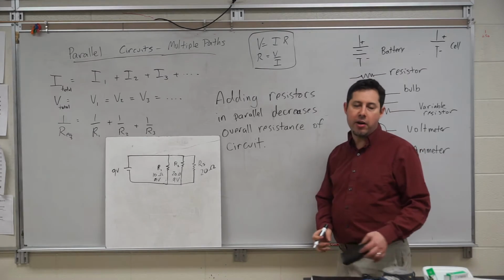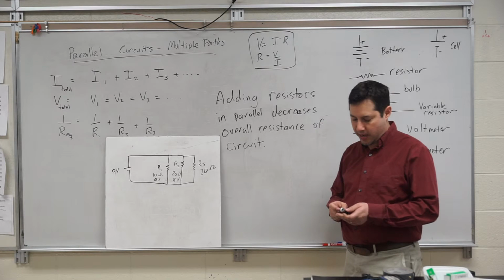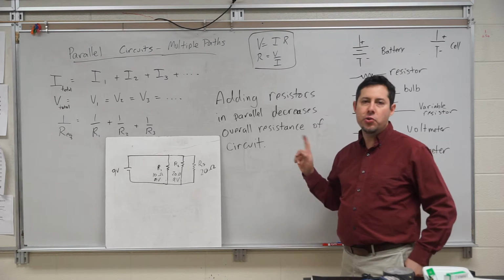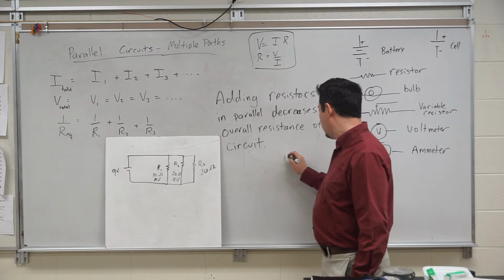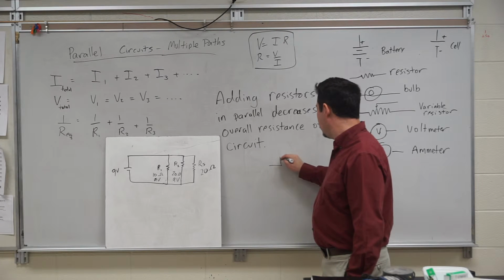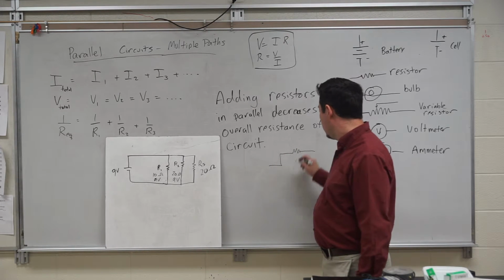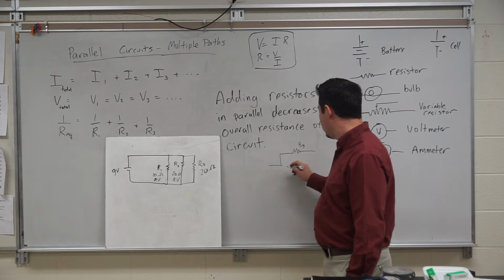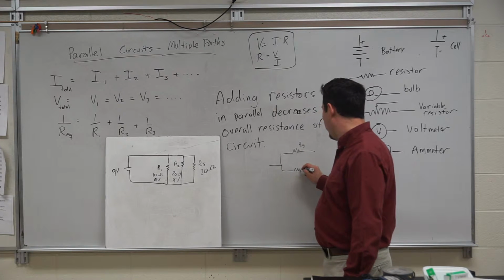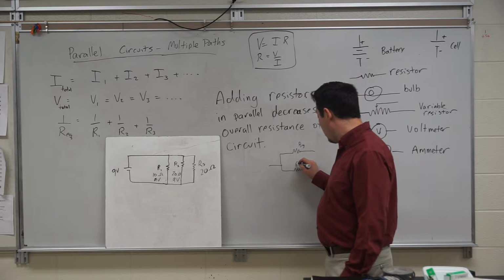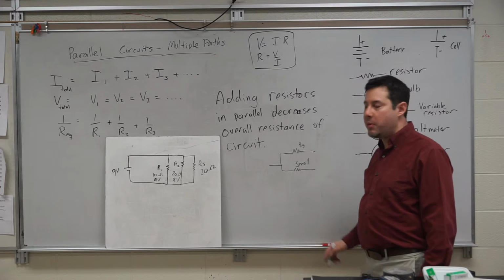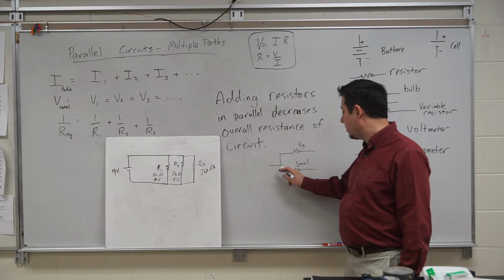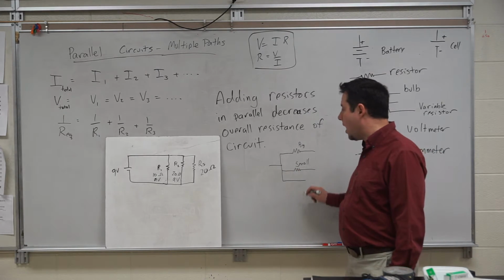And one way to think about it is, imagine you go shopping and you have two cashiers, one of whom is going really slowly. Cashier 1 is going really slowly. And we're going to call cashier 1 a resistor, right? Who's a big resistance. Cashier 2 is going pretty quickly, so that would be like a small resistance. And maybe a third cashier comes along to give us another option.